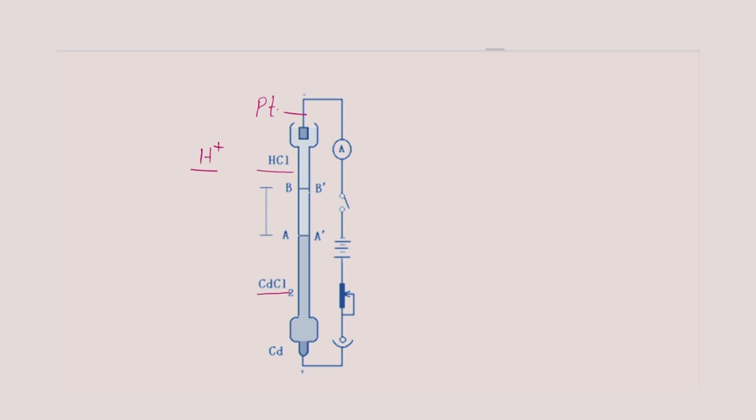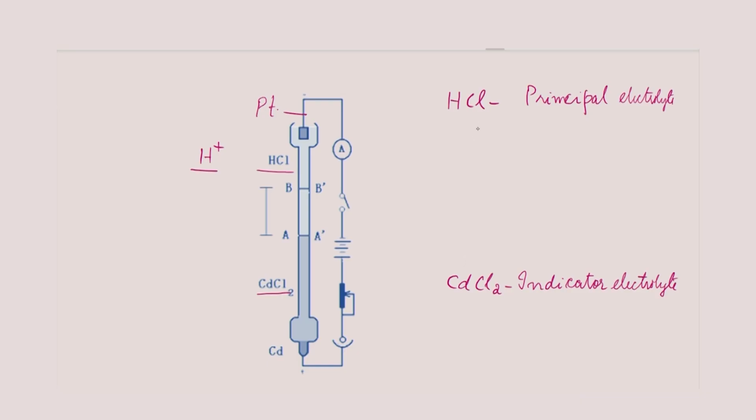Just remember, we have two electrolytes: HCl, which is known as the principal electrolyte, and cadmium chloride, which is known as the indicator electrolyte. We have been using the same terms when we determined the ionic mobilities.